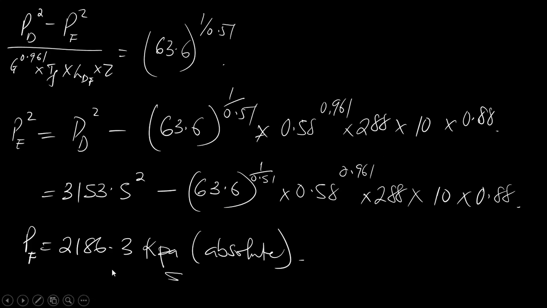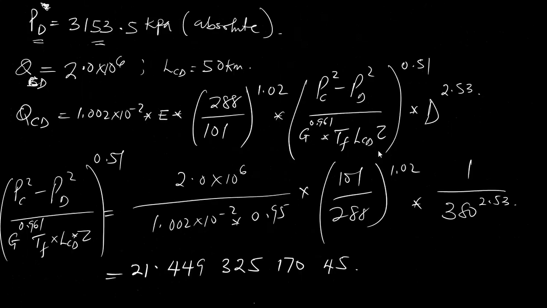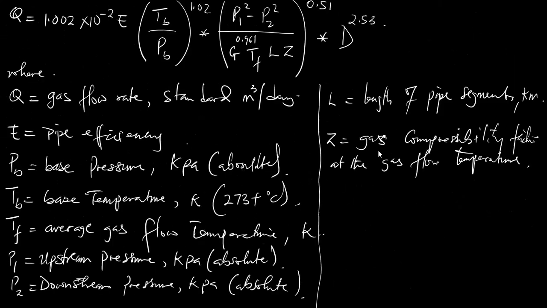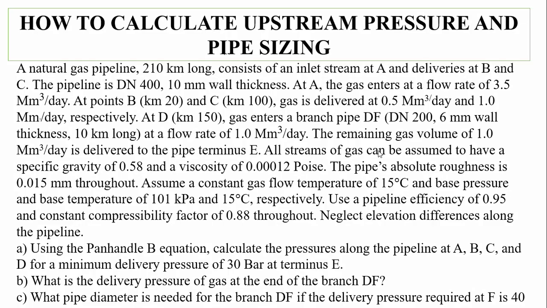We have gotten the delivery pressure at F. So now there's a question again. What pipe diameter is needed for the branching if the delivery pressure required is 4,000?